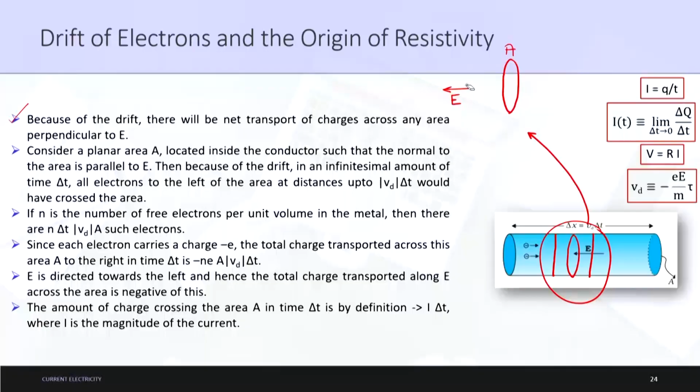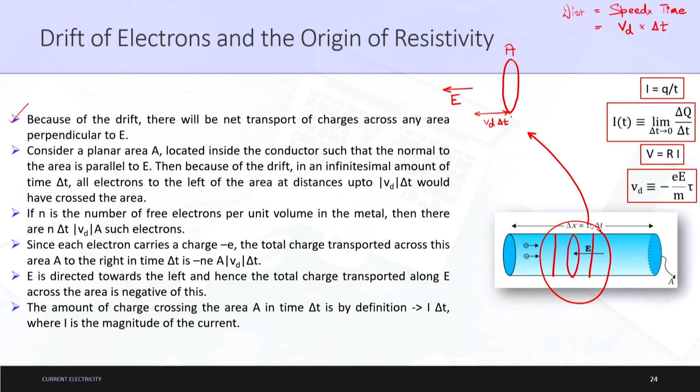As we know, distance is nothing but speed into time. So the velocity is the drift velocity, and we multiply it by time delta t to get that distance.